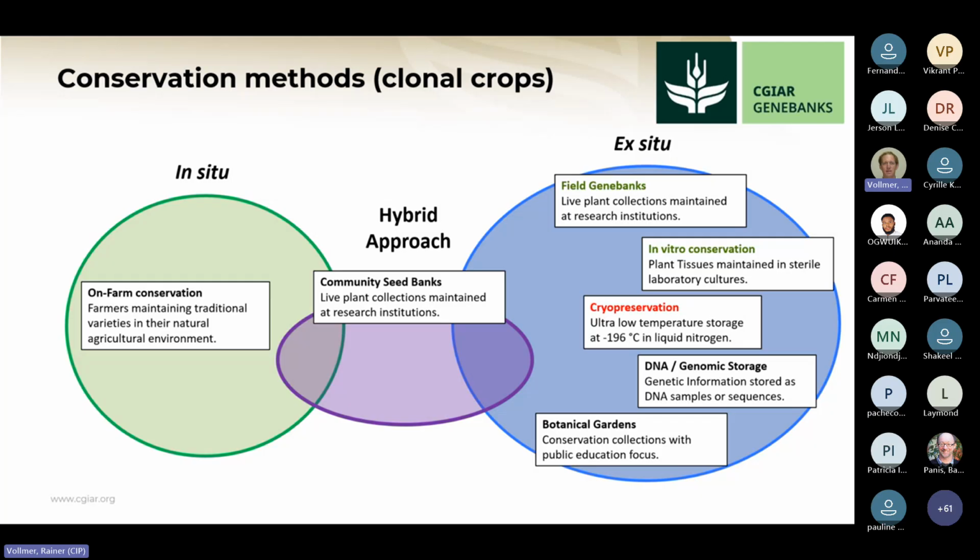And then within the ex situ section, you have field banks, in vitro, cryopreservation, and also DNA banks and botanical gardens. The most frequently used at present are surely in vitro conservation and also cryopreservation.